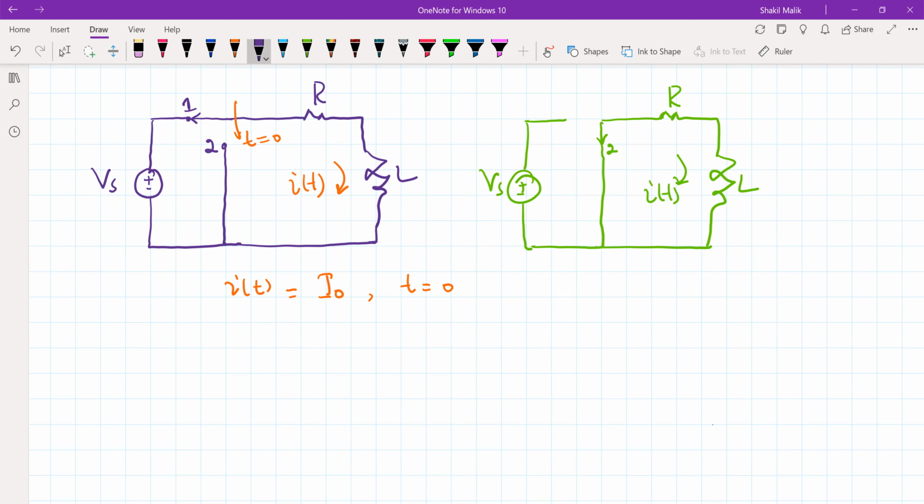Now we can neglect this part because it has no contribution in i(t), and we can remove it, because after we connect to position 2, the V_S branch has no part in this i(t).